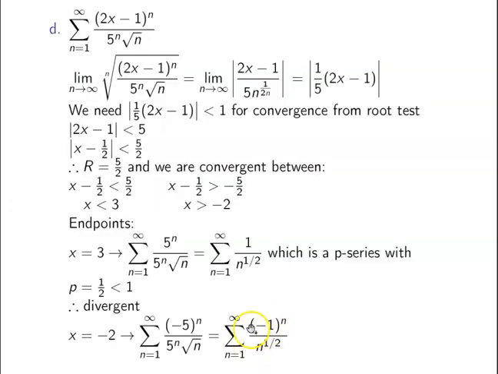So all right, these still go together. So I'm looking at an alternating p-series. We saw before that if it's alternating, it can be conditionally convergent, so it's possible that this converges.